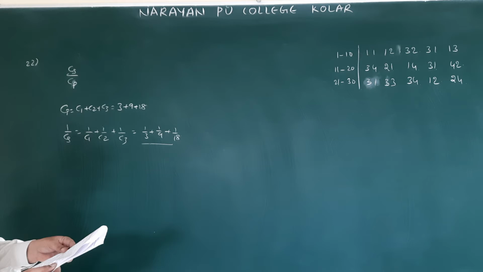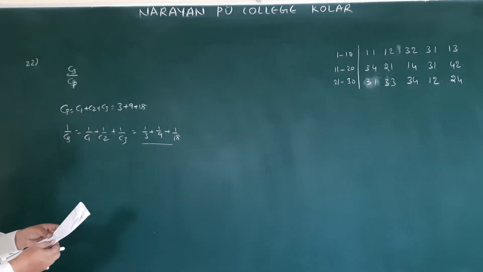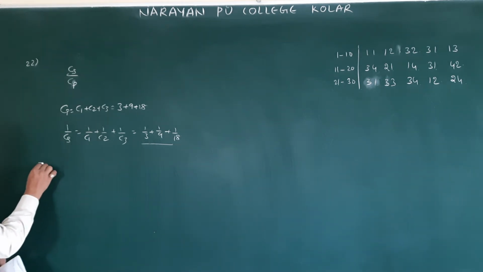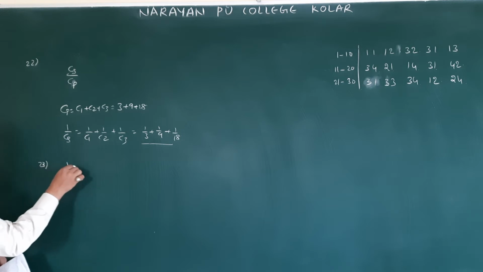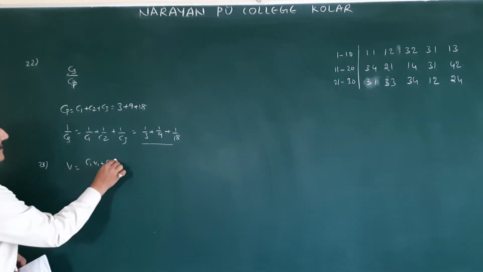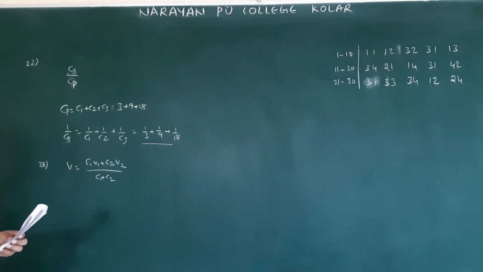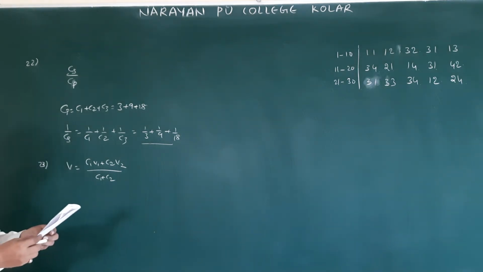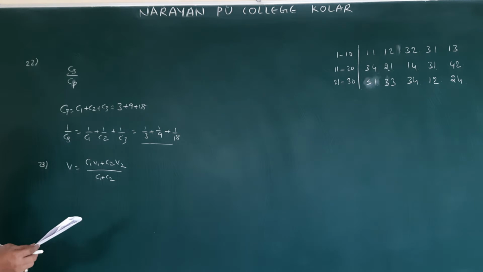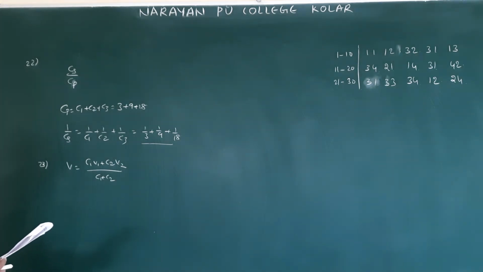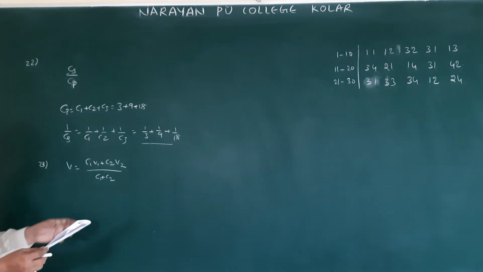23 also we did, common potential. What is the common potential formula? C1V1 plus C2V2 by C1 plus C2. Here, a potential difference V is applied across it, and they ask the potential difference across C1 only.